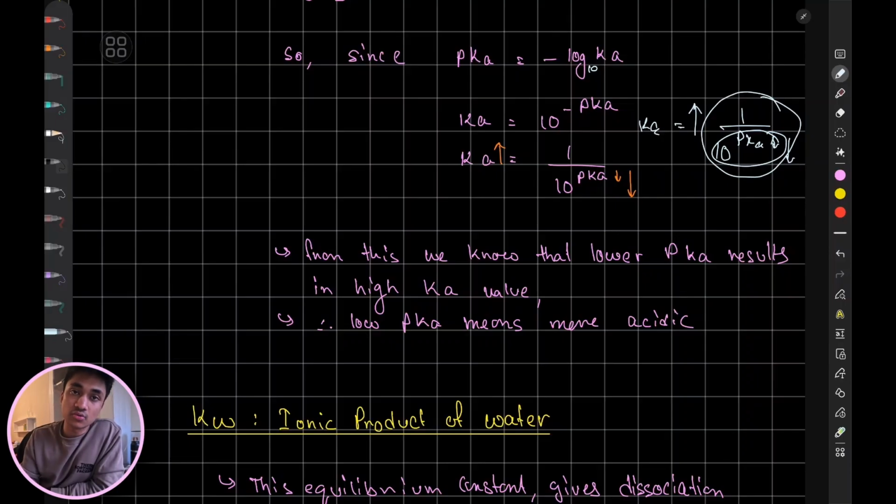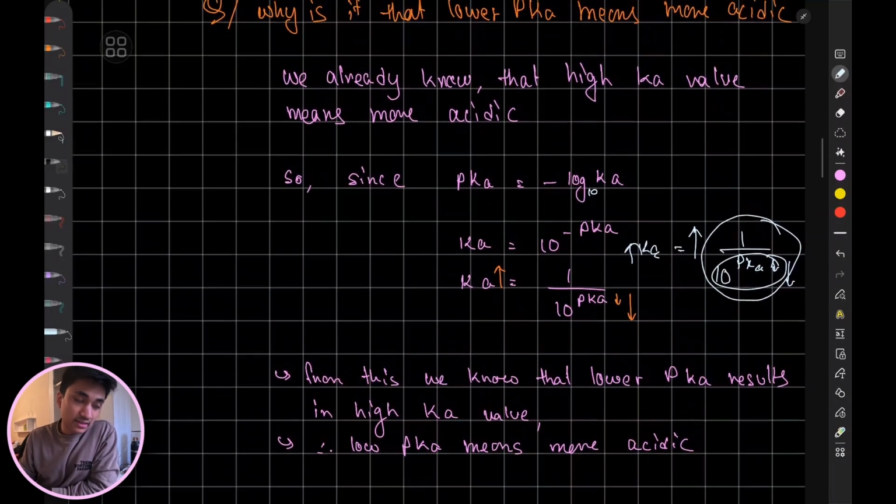So 1 by 8 is going to be bigger than 1 by 16, because 8 is a smaller number in the denominator compared to 16. Whenever the denominator goes down, your overall value goes up. You guys already know this. So if overall value goes up, your Ka goes up. So that's why lower pKa could be negative, could be closer to 0, or could be less than 0, could be anything. Smaller or more negative essentially gives you a higher acidic nature.